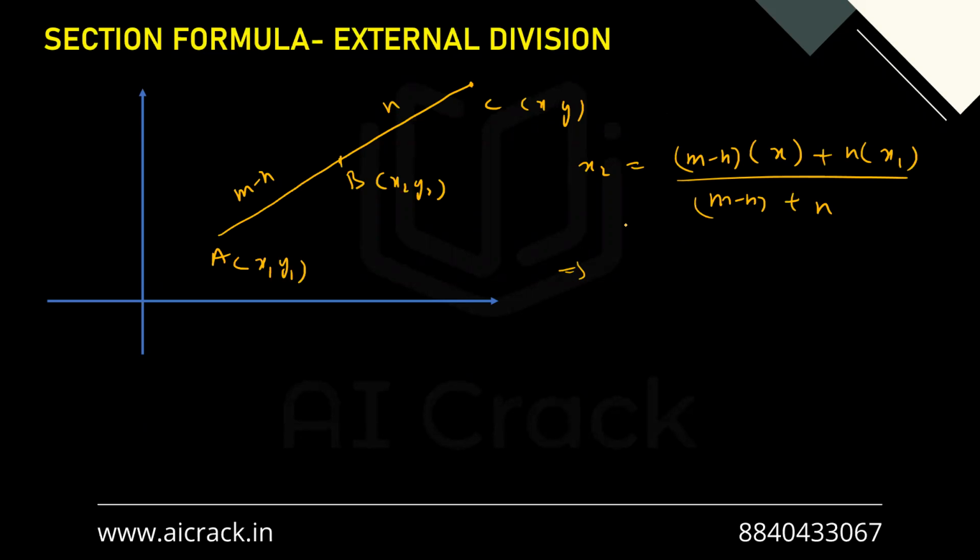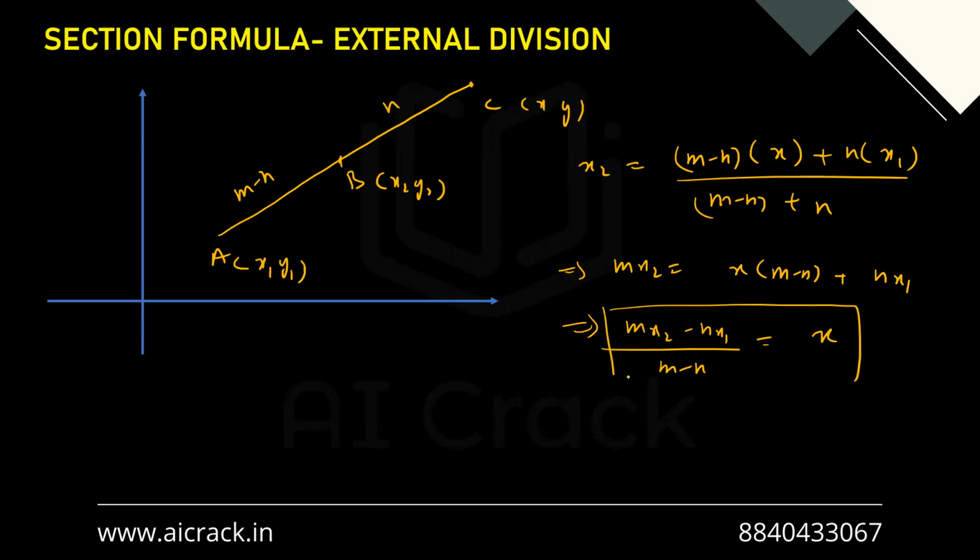If I cross multiply it, I'll get m x2 equals to x times (m minus n) plus n x1. So this would give me (m x2 minus n x1) divided by (m minus n) equals to x. So we have got this particular formula.